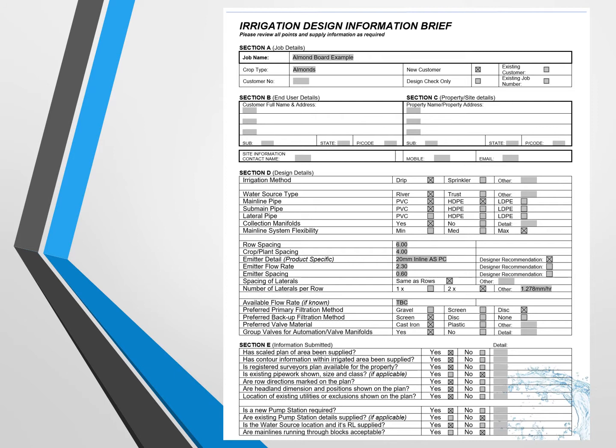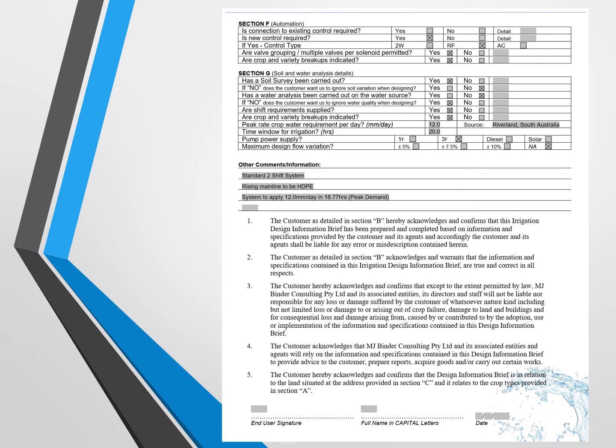This form incorporates things such as the job details, the end user details and property details, design details, information submitted either by the client or any third-party companies, automation, soil and water analysis details, and any other additional comments made by either the client or designer in regards to the system specifications.